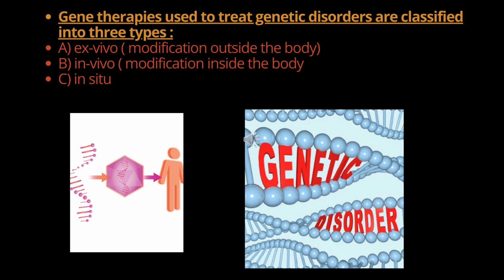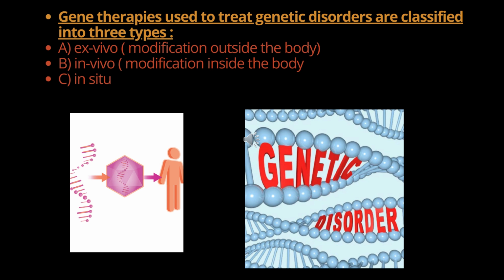There are many genetic disorders which can be cured and which cannot be cured. As I have discussed in the previous slide, genetic disorders like thalassemia, thyroid problems like hypothyroidism, phenylketonuria and others have some techniques to be treated, but not completely.